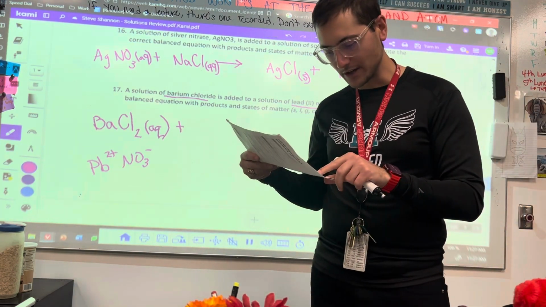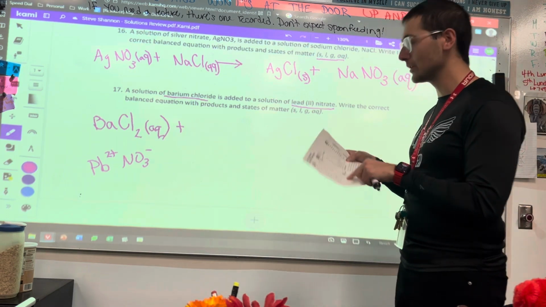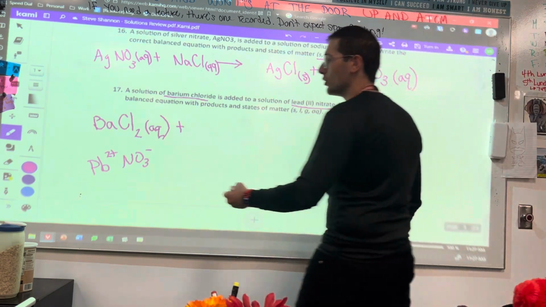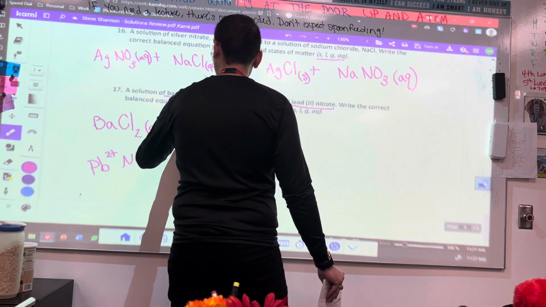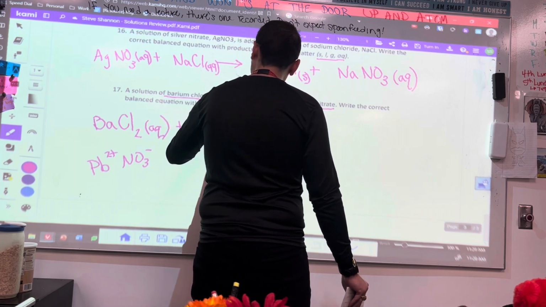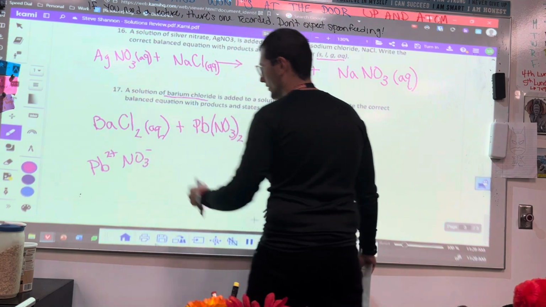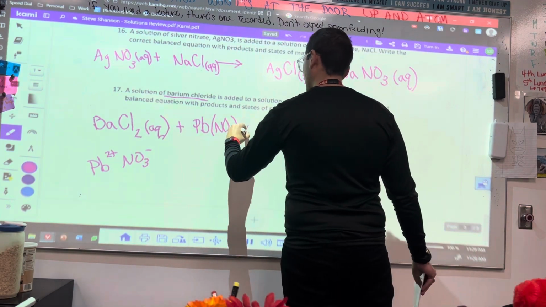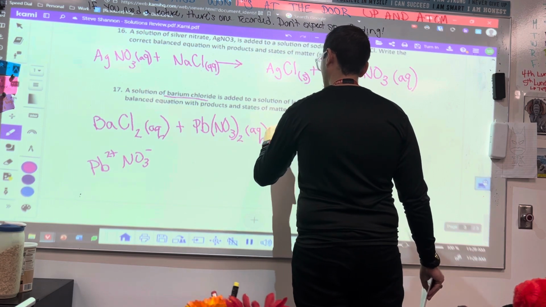I find nitrate, and it is NO3 with a -1 charge. So the 2 from the Pb is given to the entirety of NO3, so it's going to look like this. Pb(NO3)2, with a 2 down underneath, and the 1 on NO3 goes to the Pb and disappears, and this is also a solution, so it is aqueous.